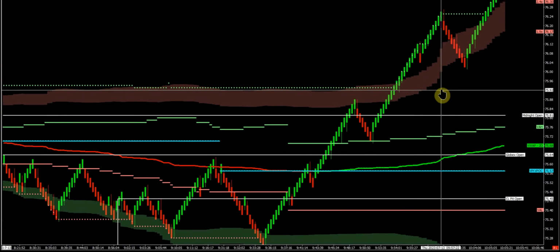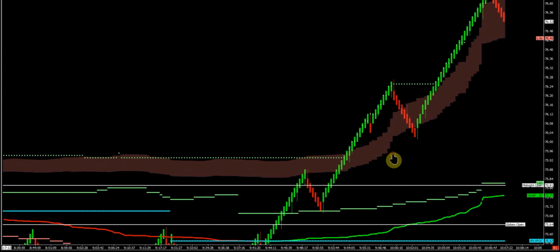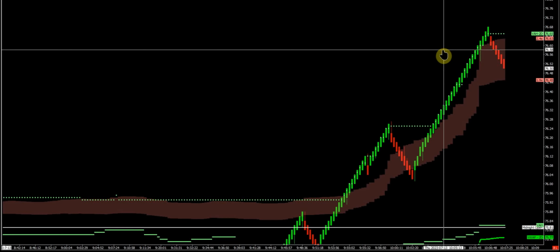That's your $1,000 move, right? 76.57, and there you go. There's your $1,000 move for the day. That's a great one right there.